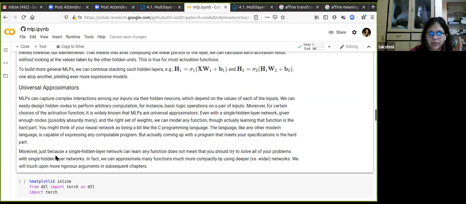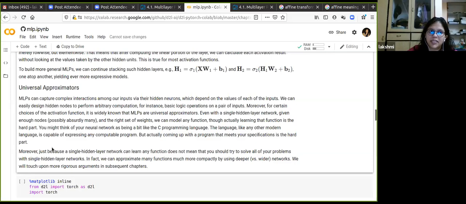Multi-layer perceptrons can capture complex interactions among our inputs via their hidden neurons, which depend on the values of each of the inputs. We can easily design hidden nodes to perform arbitrary computation, for instance, basic logic operations on a pair of inputs.